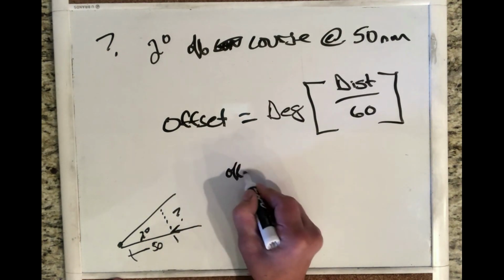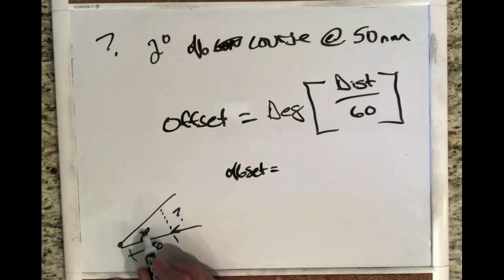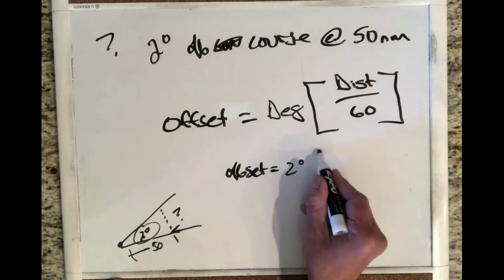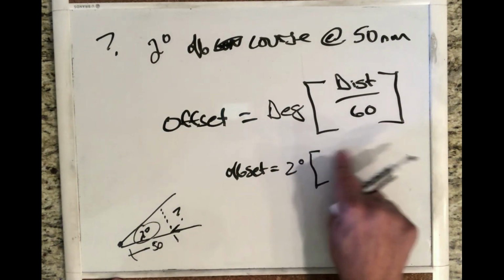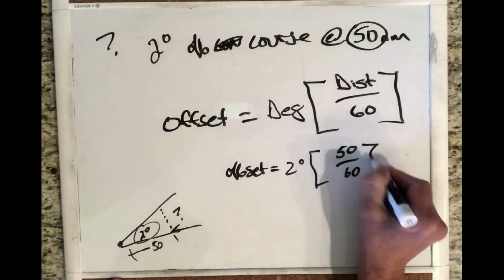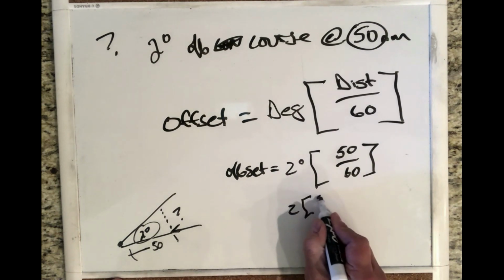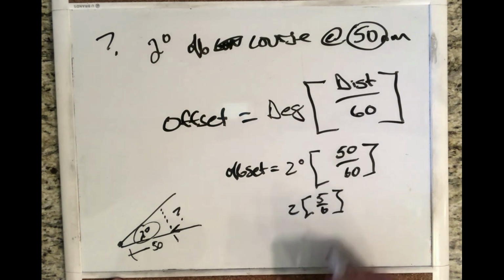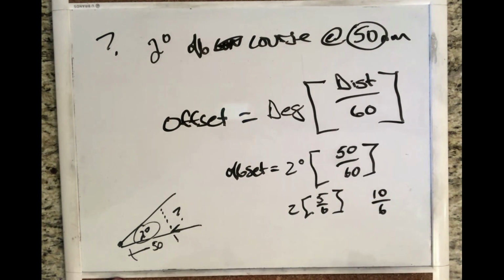Well, plugging the numbers into our formula here, our offset is equal to 2 degrees times the distance, 50 nautical miles, divided by 60, which is 2 times 5/6, which is 10/6, and 1/6 would be what?